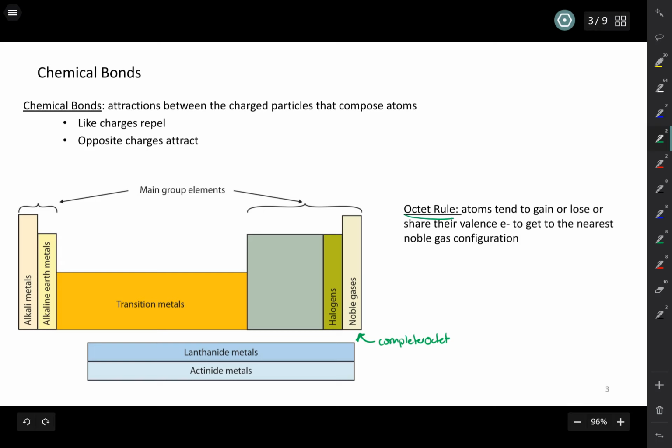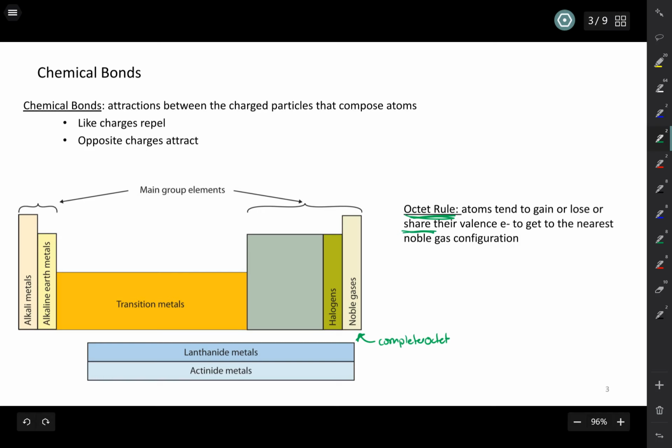The octet rule explains this, how atoms tend to gain or lose or share their valence electrons to get to that nearest noble gas configuration. So we saw last video that we could gain or lose electrons to get to that nearest noble gas configuration. So that would form cations or anions, which could then be attracted to one another and form a chemical bond.